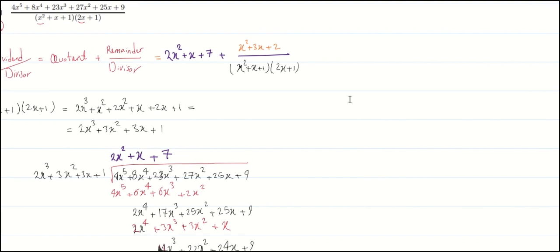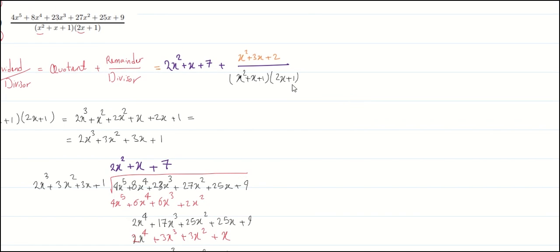Now, if you look at the second rational expression in here, this has to be decomposed into partial fractions again as well. But the thing is that the degree of the expression on the top is equal to 2, and the degree of the expression on the bottom is equal to 3, because we have one x squared term and one x term, so there would be an x cubed term on the bottom.